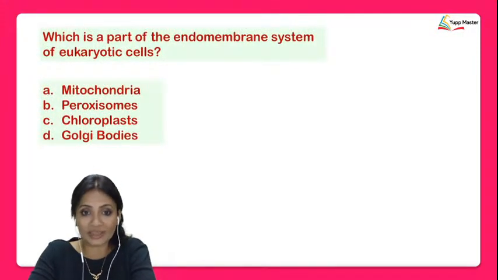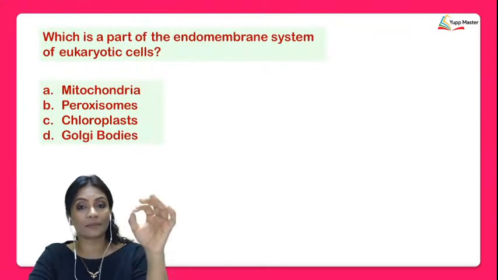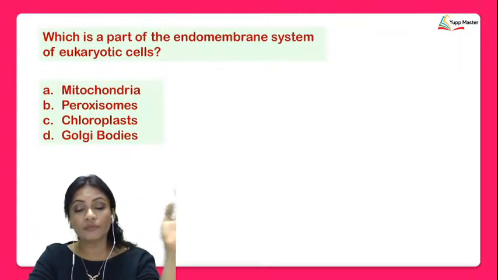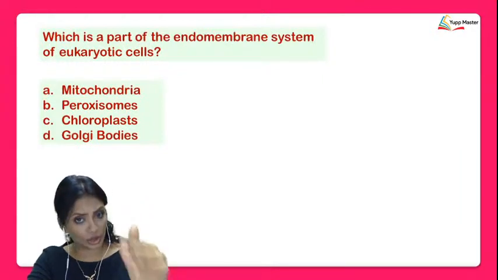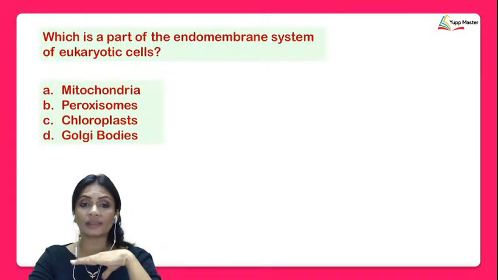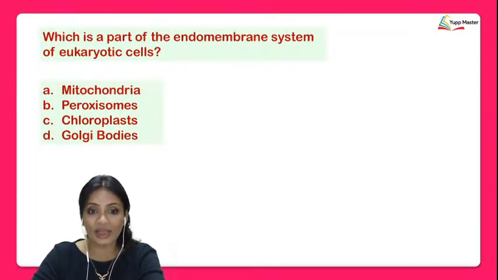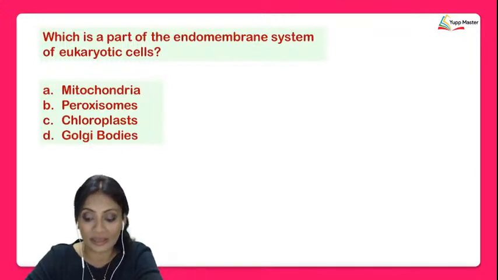Which from here is a part of the endomembrane system of eukaryotic cells? Remember, the endomembrane system starts from the nuclear membrane, goes to the endoplasmic reticulum, to the Golgi bodies, and then to forming the lysosomes. So in these here, what is the correct answer? Is it mitochondria, peroxisomes, chloroplasts, or Golgi bodies?